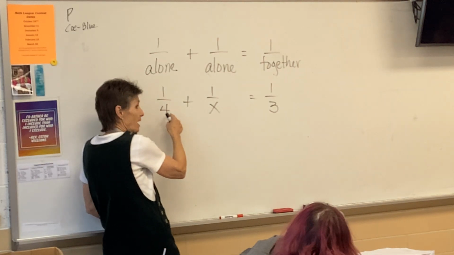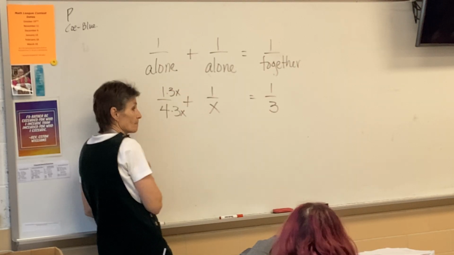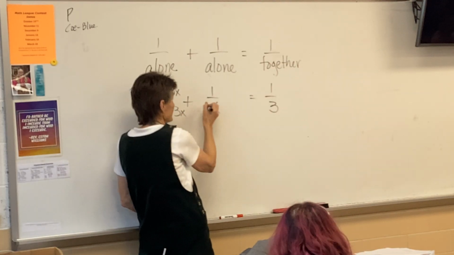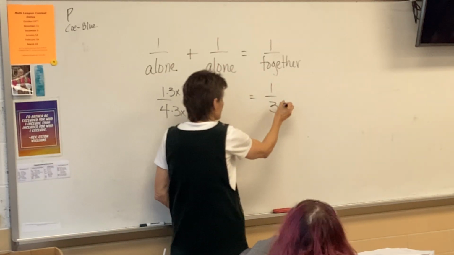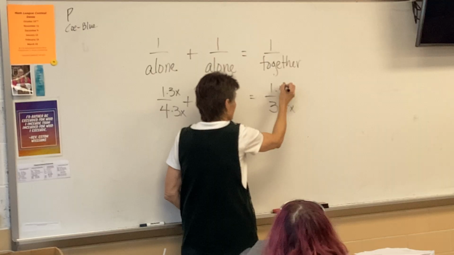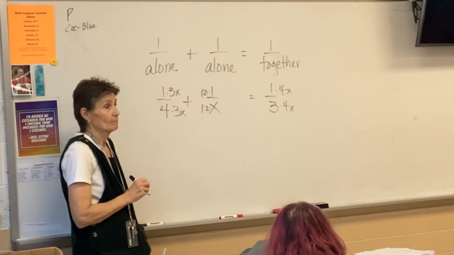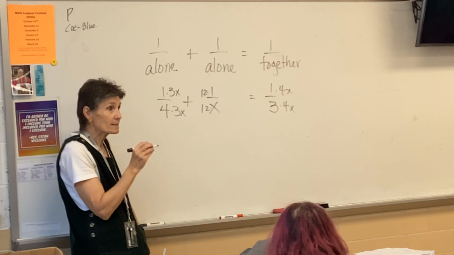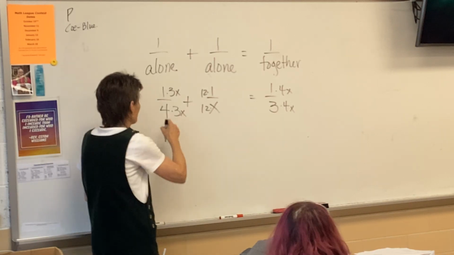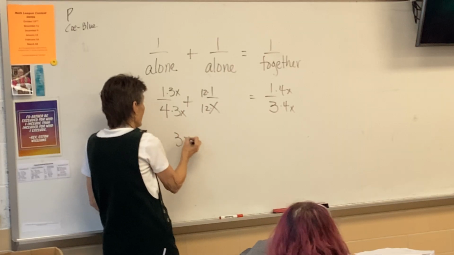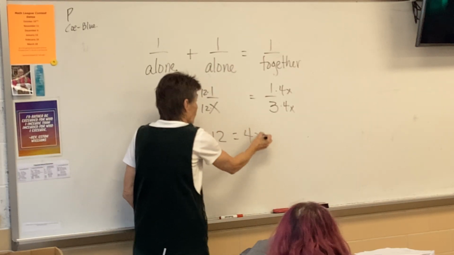So this one needs a 3x, this one needs a 12, and this one needs a 4x. Would you all agree with that? Yes. As soon as I make the denominators the same, I can ignore them. So I have 3x plus 12 equal to 4x.